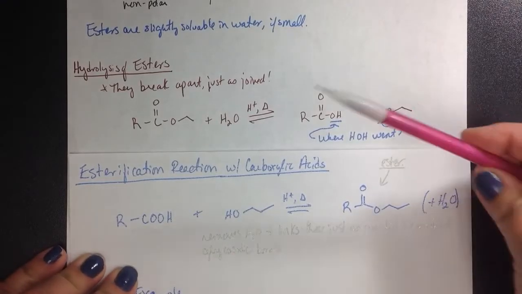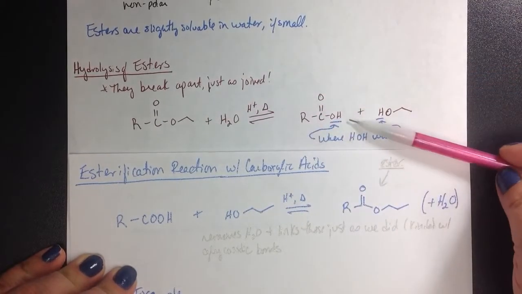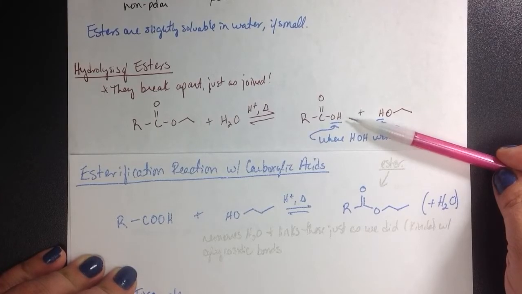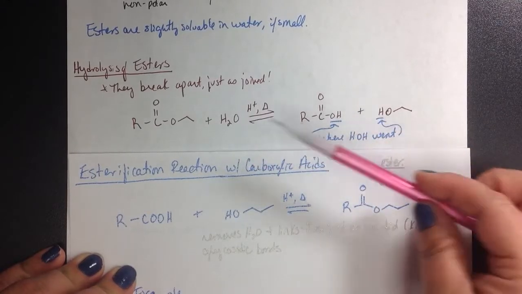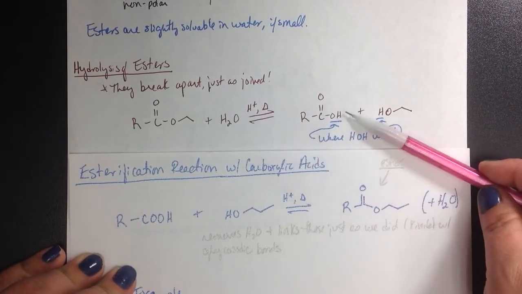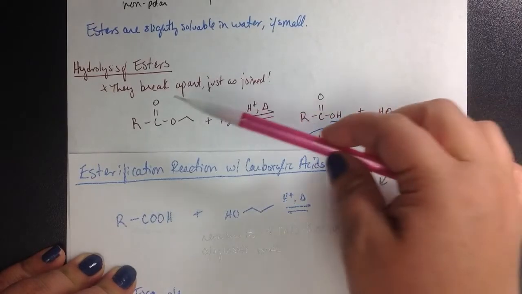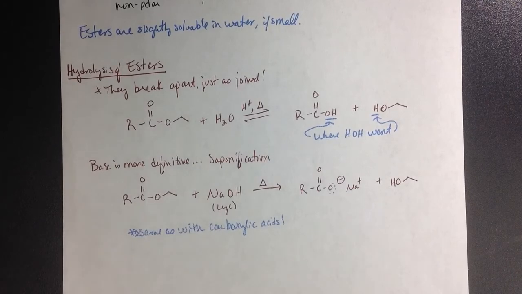If you add large amounts of water and you have an ester, then it takes it back to a carboxylic acid. What really drives this, and you can tell which direction it's going to go, if you add water, it'll go to the carboxylic acid. If you add this guy, it'll go back this way. That's called Le Chatelier's principle, and it's very, very useful, but we haven't talked about that in this class.